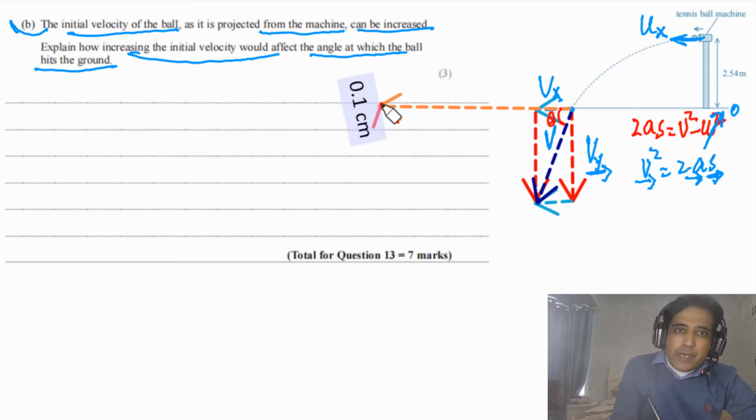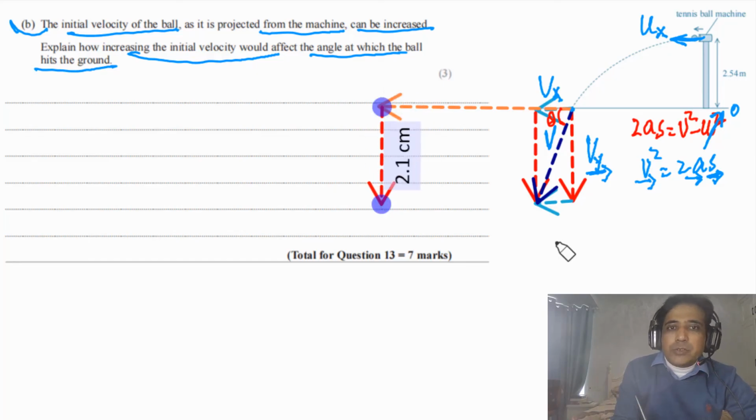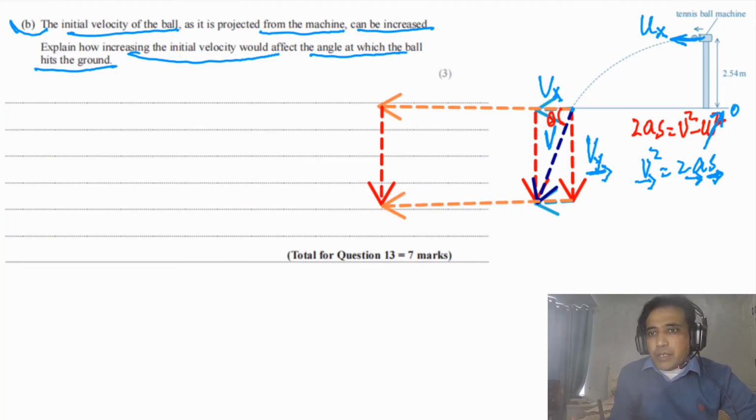So this vector you can draw here, this is the vertical component of velocity, and the resultant velocity in this case, we can take this arrow, we can redraw this one. So this is here. Now we can draw the final velocity at this point.